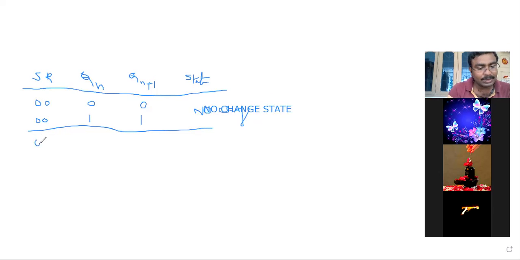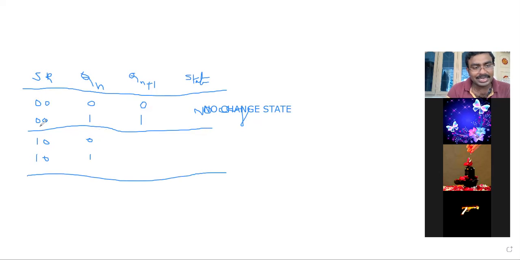I have taken the next input as S equal to 1 and R equal to 0 when present state is 0, and S equal to 1 and R equal to 0 when present state is 1. Guys, tell me what you have observed from the S equal to 1, R equal to 0 condition.